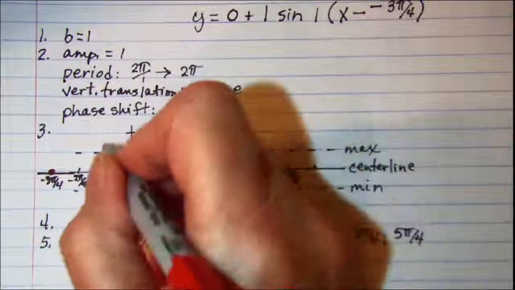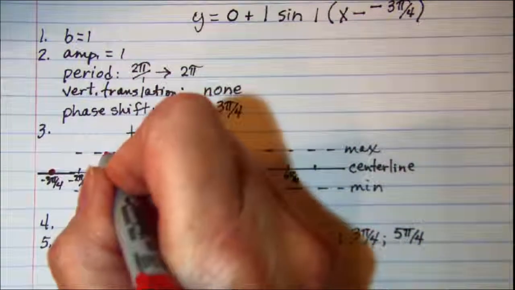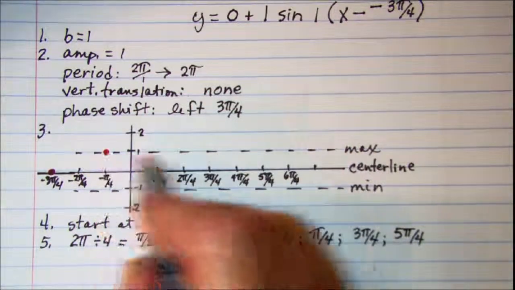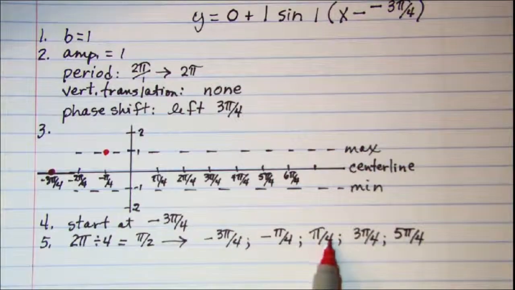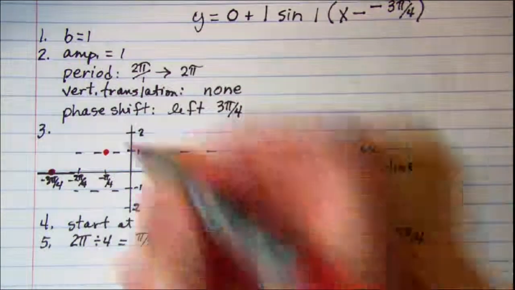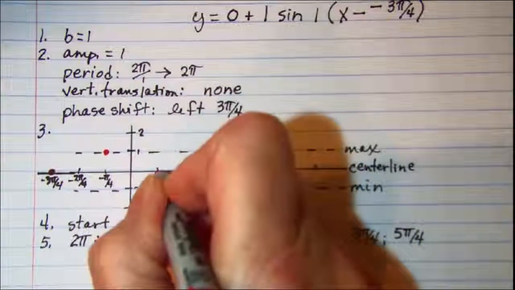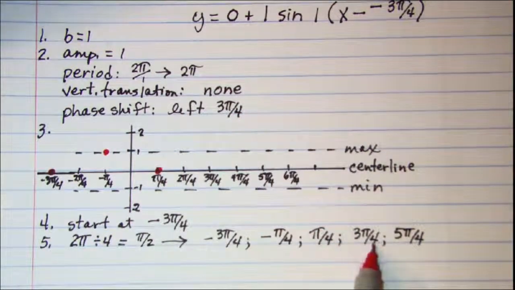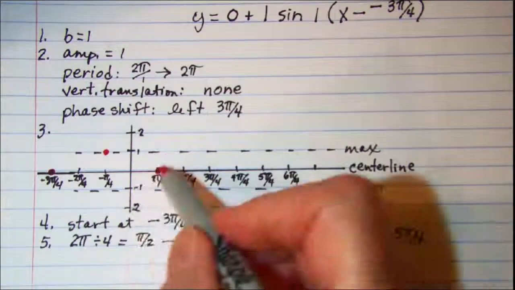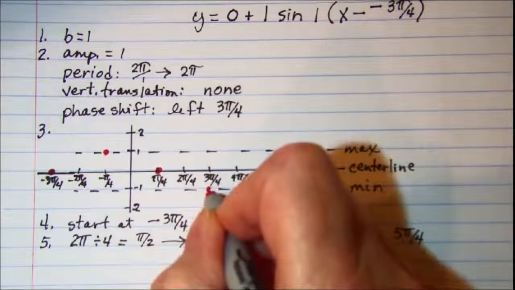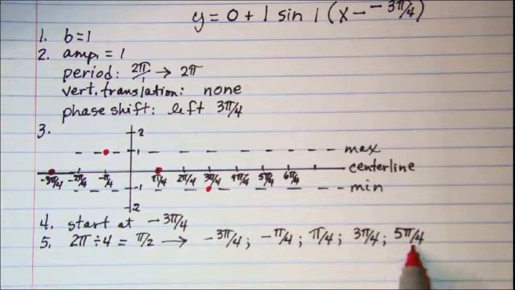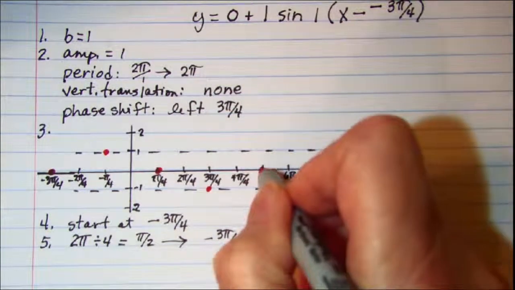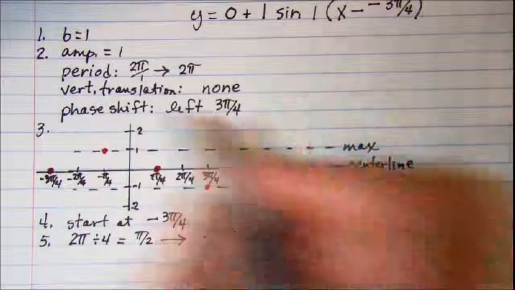So my max then is going to be here at negative pi over 4 at the maximum guideline here. And then my next point is at pi over 4. So that'll be back at the center line. And then 3 pi over 4, I'll be at my minimum value. And then at 5 pi over 4, I'll be at the center line again. Now I can draw my curve.